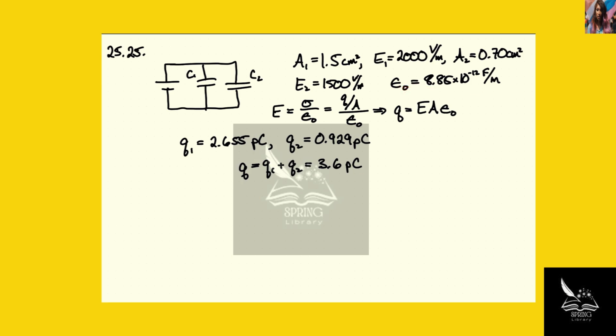So we know the electric field across a capacitor is just the areal charge density divided by the permittivity. The areal charge density, assuming that we have a uniform charge distribution, is just the total charge divided by the area.